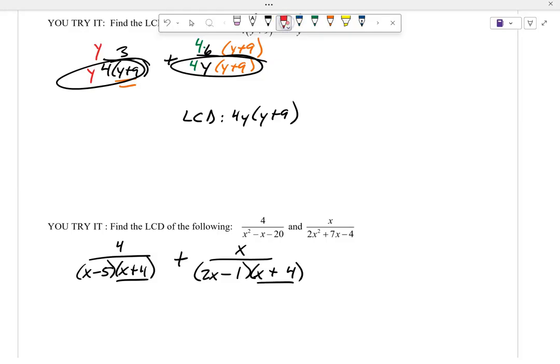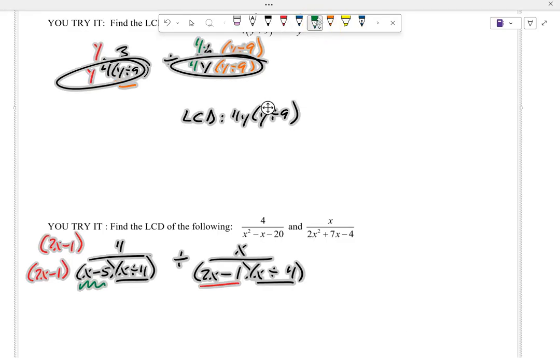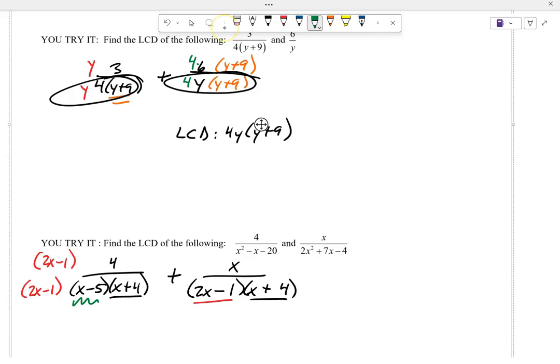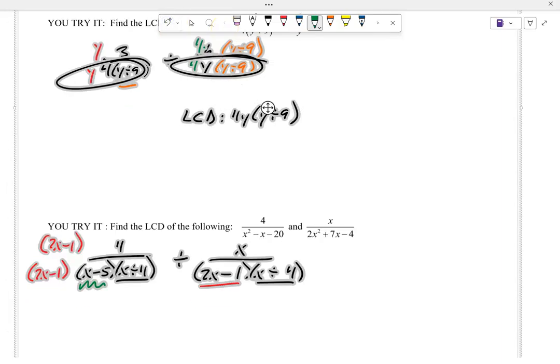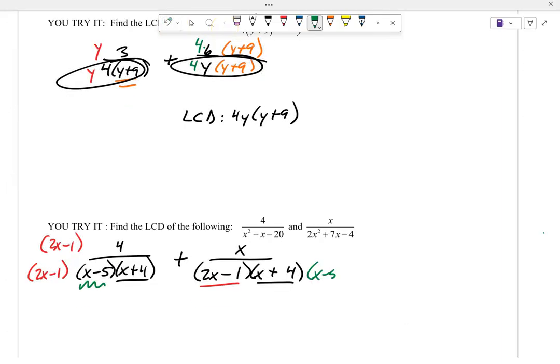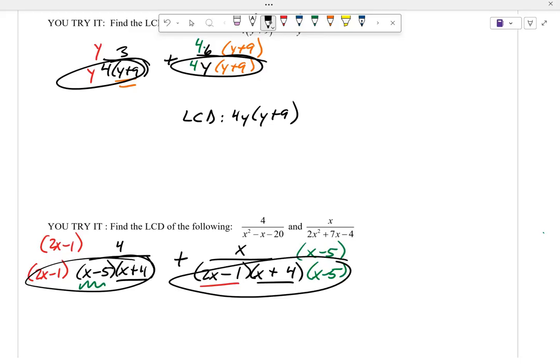The one on the right has a 2x minus 1. I need to give the one on the left a 2x minus 1. And then the one on the left has an x minus 5. This one does not. And there's our least common denominator. So our least common denominator is 2x minus 1, x minus 5, x plus 4.